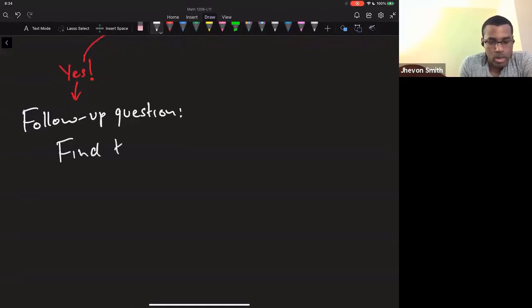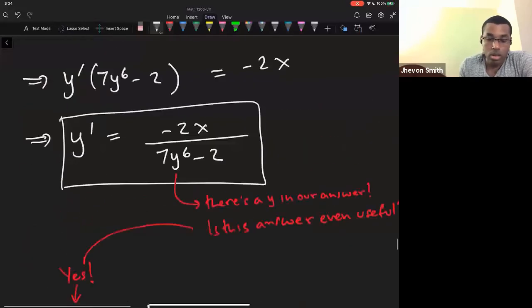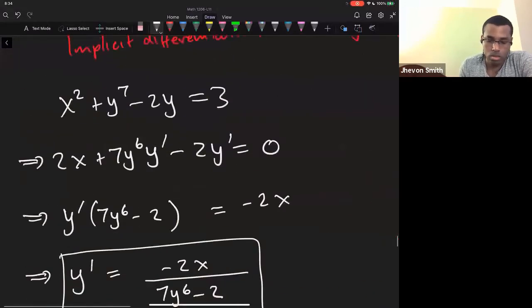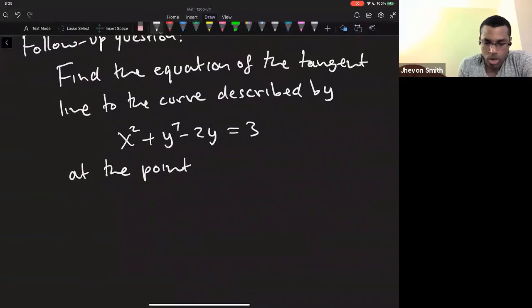Find the equation of the tangent line to the curve described by this guy, x squared plus y to the 7th minus 2y equals 3, at the point, I want to say 2, 1.